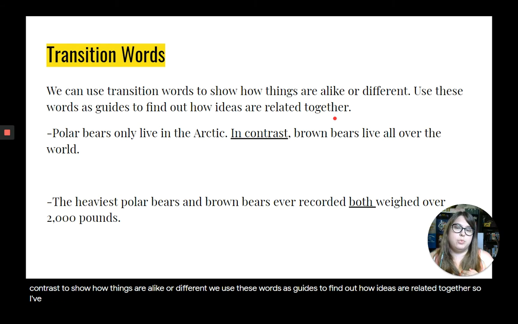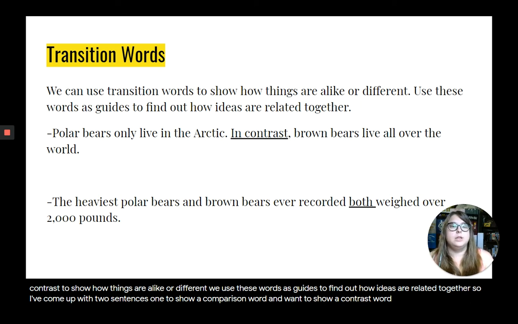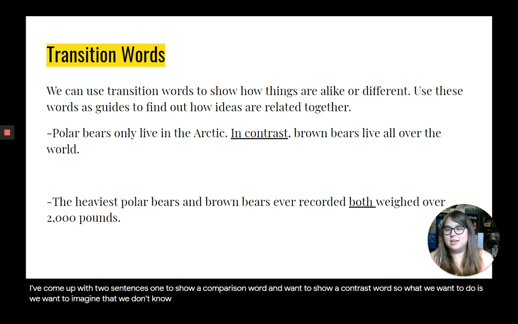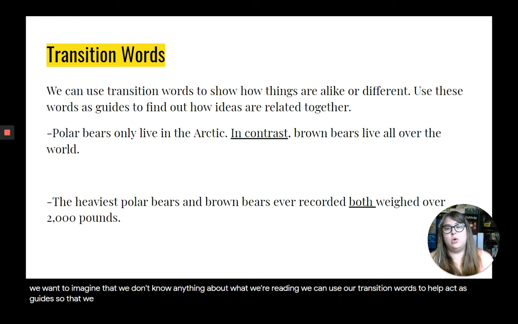So I've come up with 2 sentences, one to show a comparison word and one to show a contrast word. What we want to do is imagine that we don't know anything about what we're reading. We can use our transition words to help act as guides so that we know how the information is related. In my first sentence here, I have polar bears only live in the Arctic.